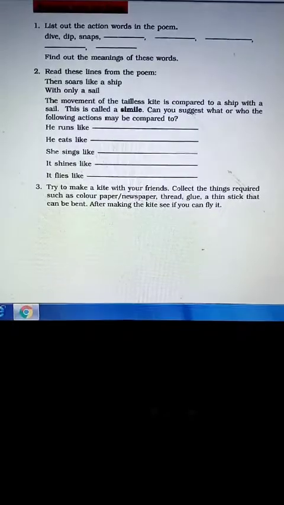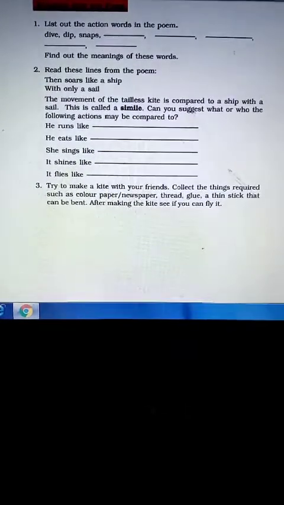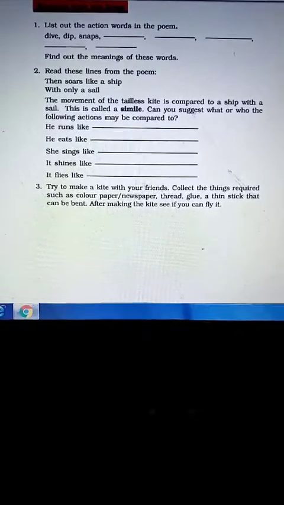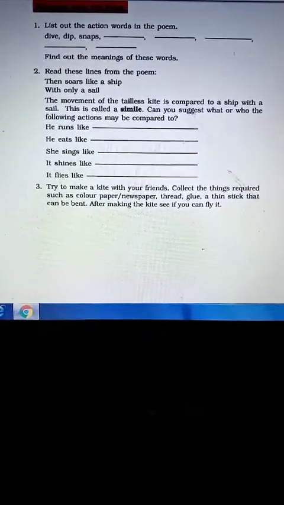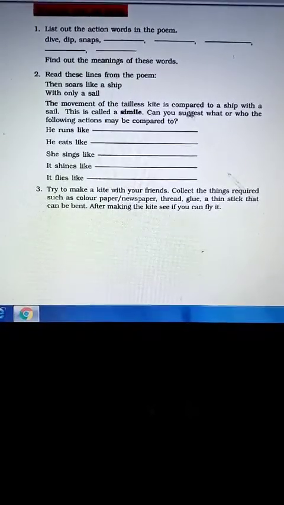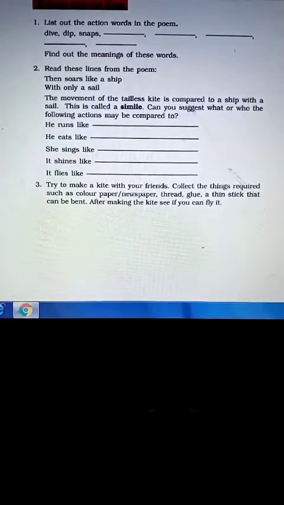Now, the third question is your exciting home assignment, where you try to make a kite with your friends or family members. Because now we are facing a difficult situation, I will suggest preparing a kite with your family members.